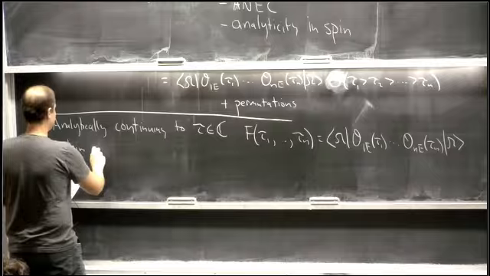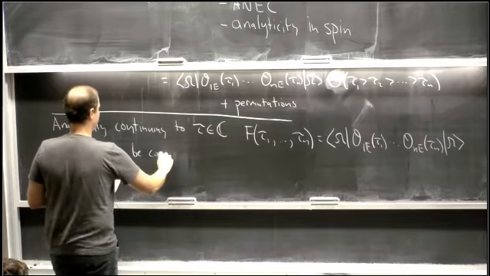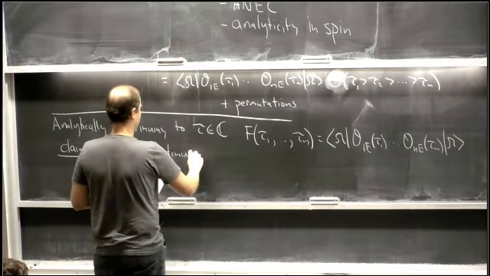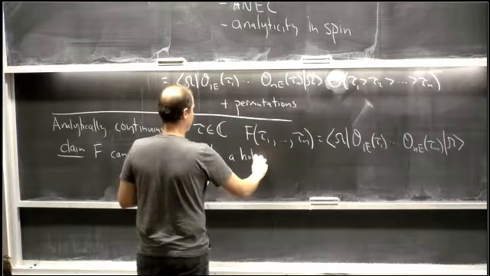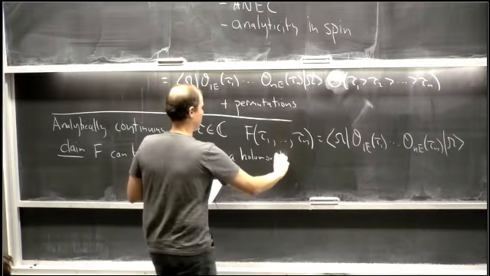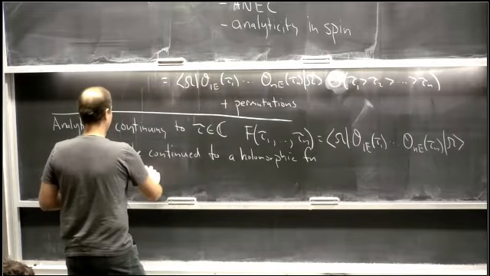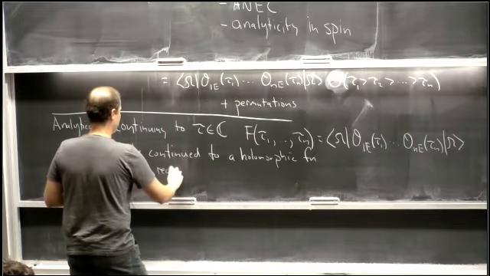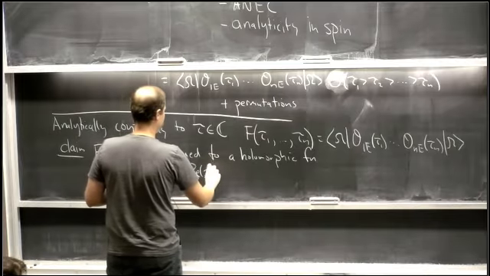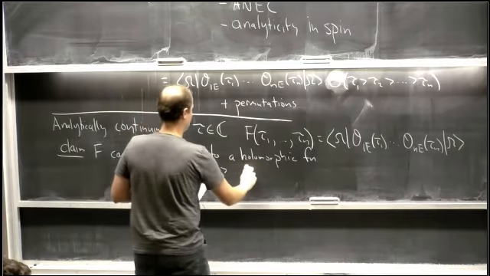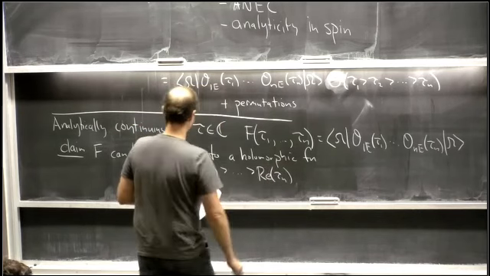And in fact, f can be continued to a holomorphic function in the region where the real parts of the taus are ordered like this.